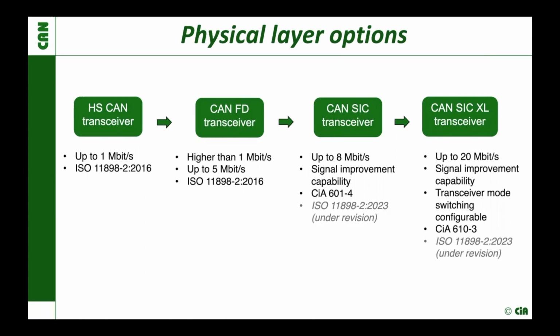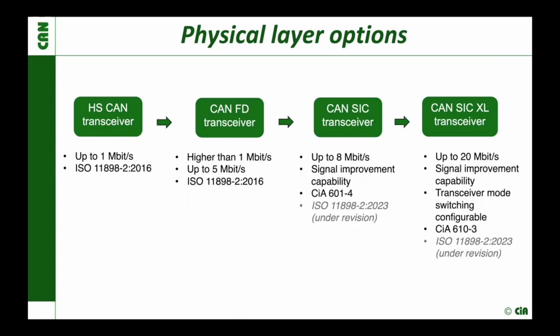The CAN SIC XL transceivers have 2 modes: the SIC mode and the fast mode. Fast mode is to achieve fast transmission in the data phase, but in the arbitration phase, also the arbitration is allowed in the same frame.